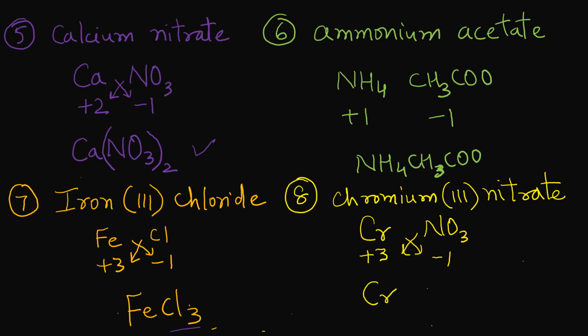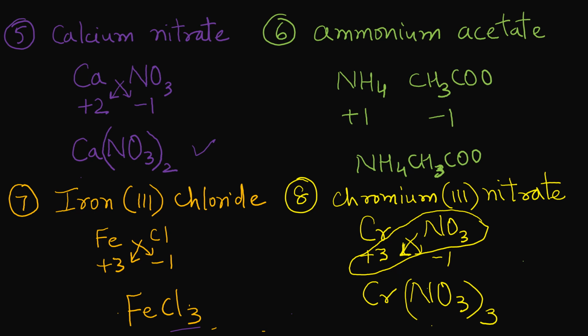Again, remember, there is more than one polyatomic ion, so we are going to end up with 3 nitrates, so we'll write it in brackets: Cr(NO3)3. Don't forget that. Is that clear?